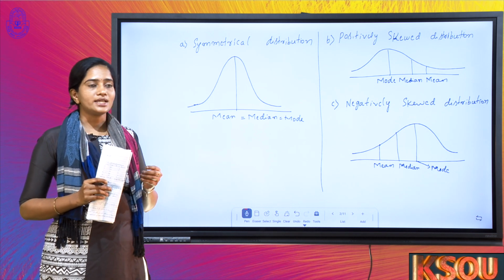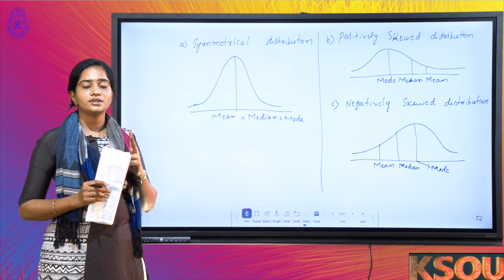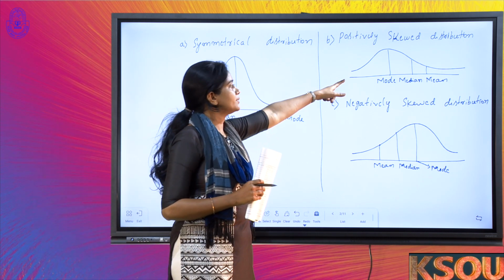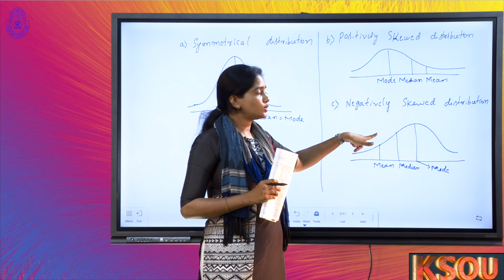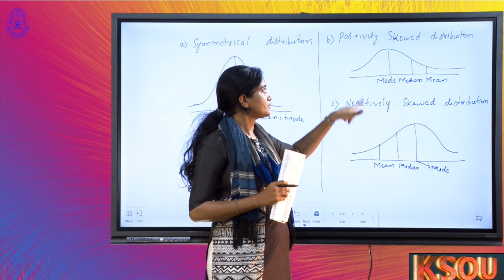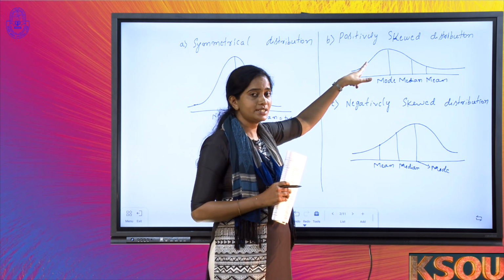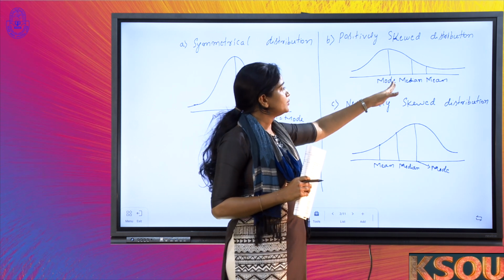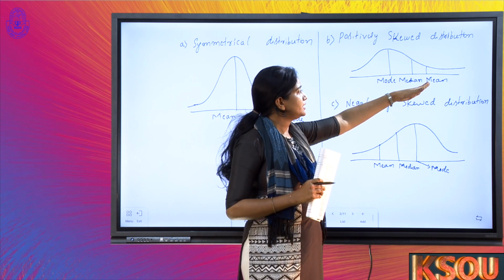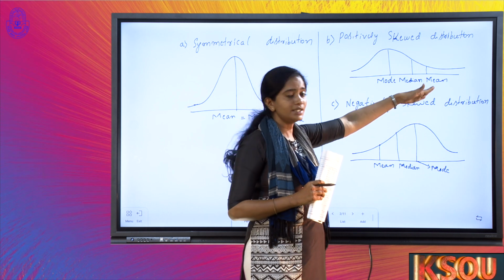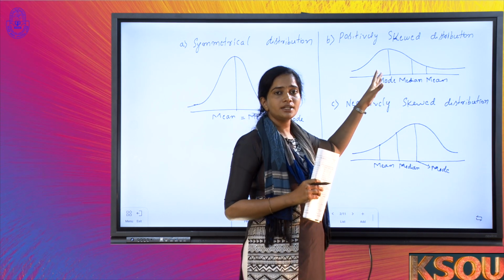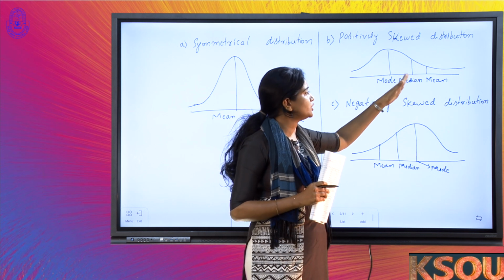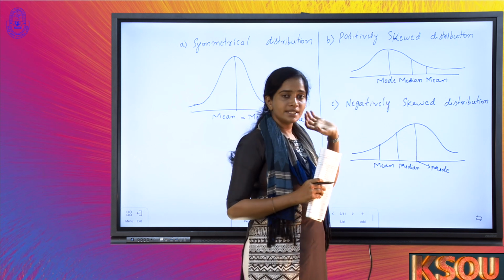In skewness we have two types of skewed distribution. One is positively skewed distribution and the other is negatively skewed distribution. When we take a positively skewed distribution, we can see that the mode, median and mean are not located at the same point. It is distributed towards either the right side or the left side.